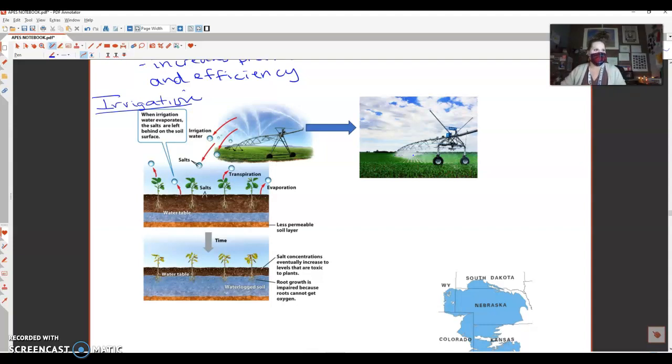Okay, so this right here, all right, this is what we call spray irrigation. Okay, and yes, AP does want you to know the different types of irrigation. So we have spray irrigation, which is pumping underground water into spray nozzles.